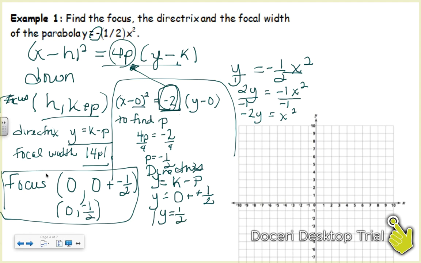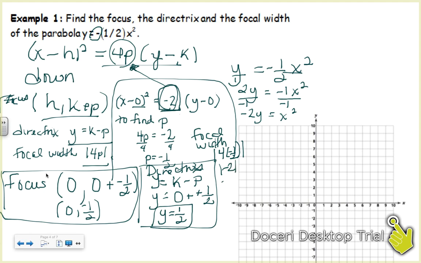So this is my directrix. And the focal length, actually the focal width, is going to be the absolute value of 4 times negative 1/2, which would give me negative 2, and the absolute value of that would be 2.